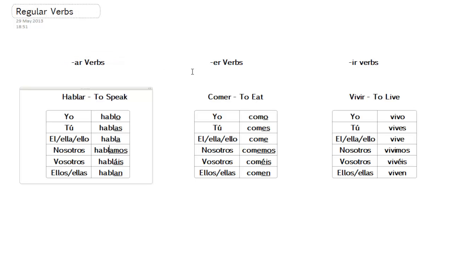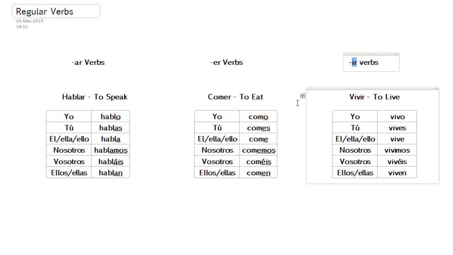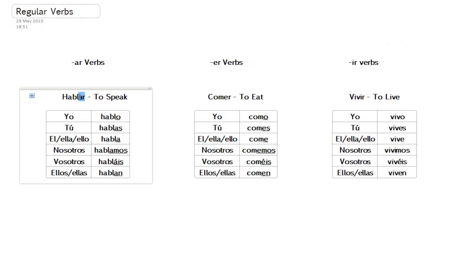So there are three types of regular verbs. There are irregular verbs where you have to change some things, but generally there are these regular verbs, and there are some that end in AR, some that end in ER, and some that end in IR, right? So hablar, obviously, is the AR verb.